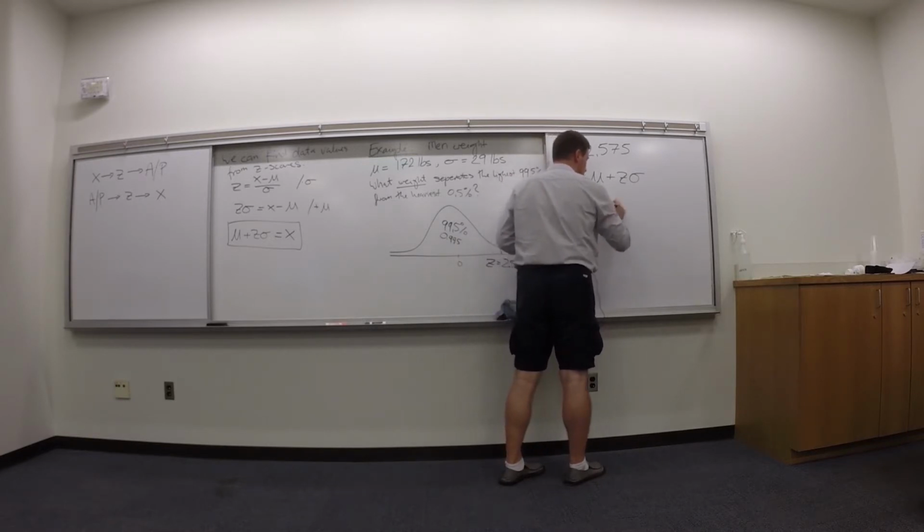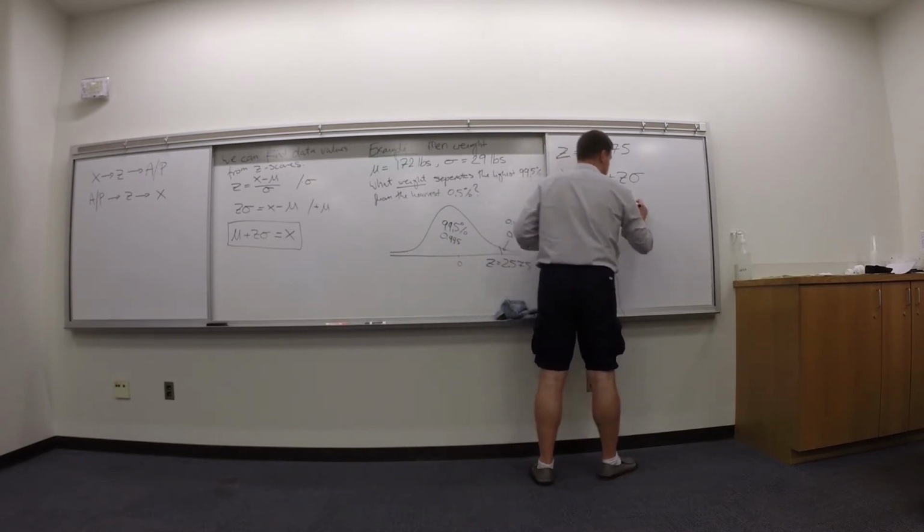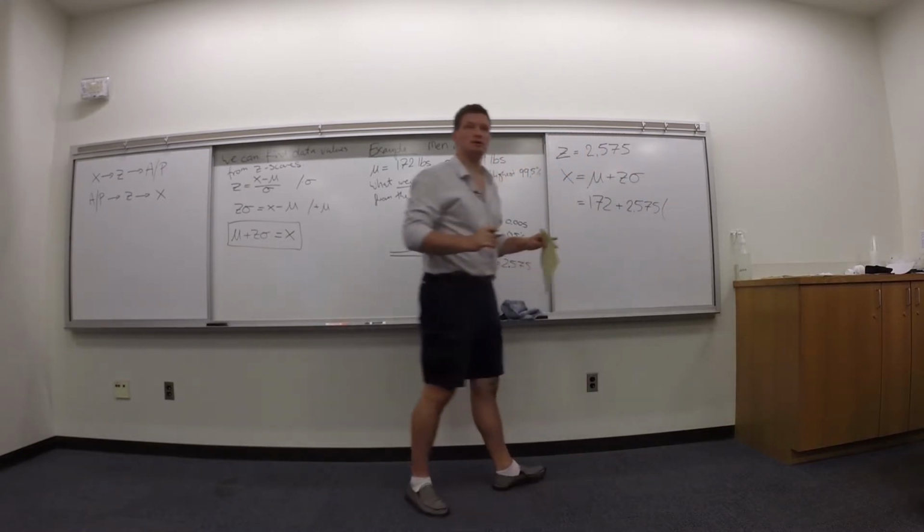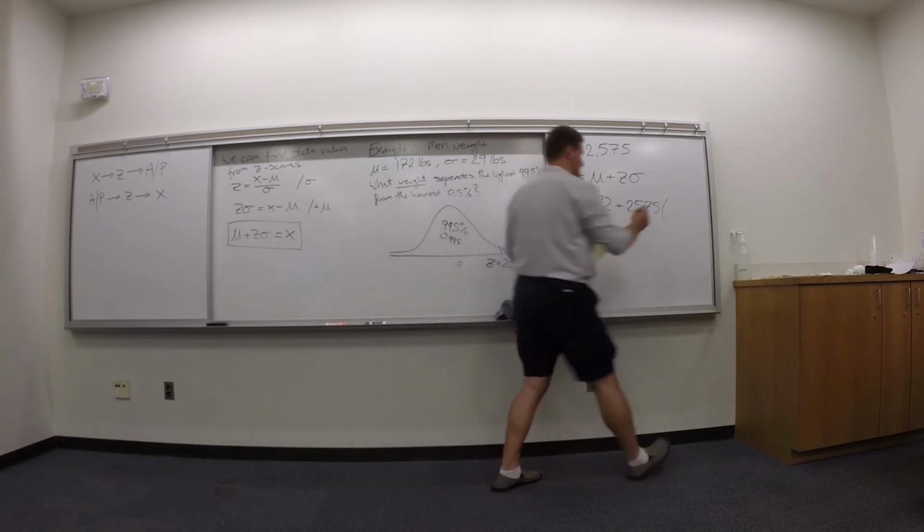The average, 172, plus the z-score, 2.575, times sigma. What is sigma? 29, which is the standard deviation.